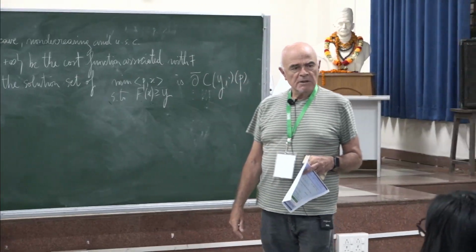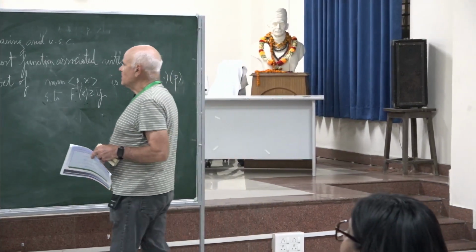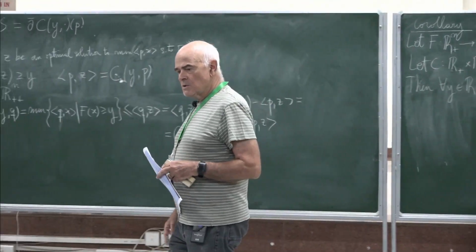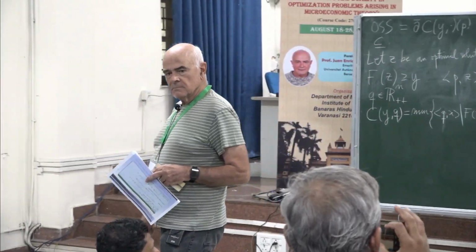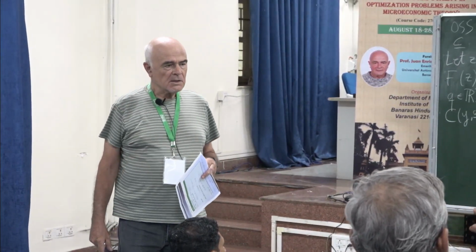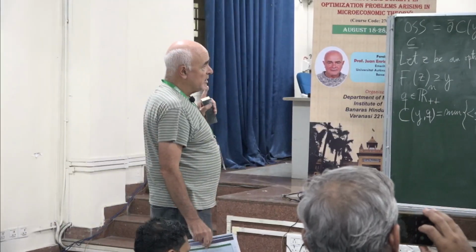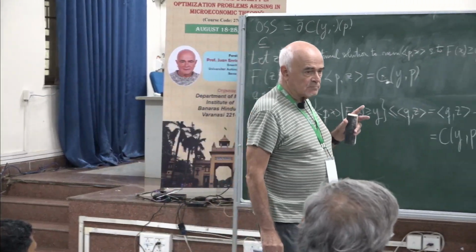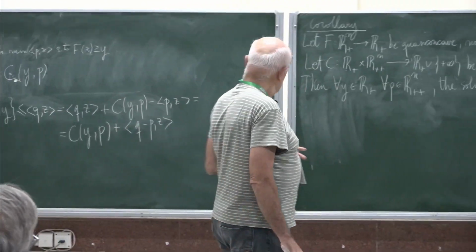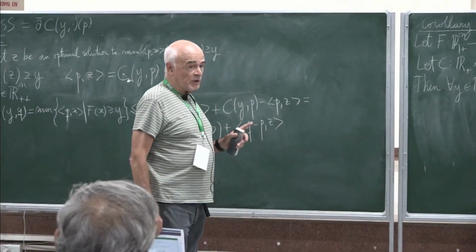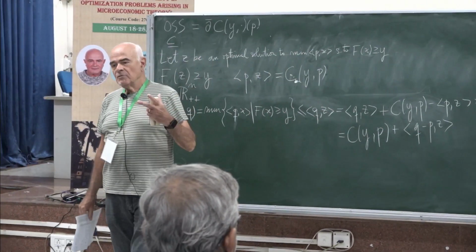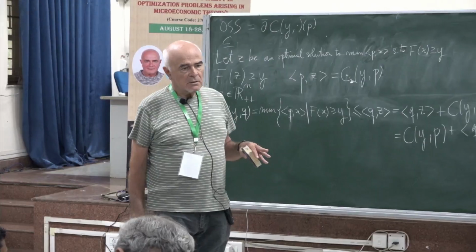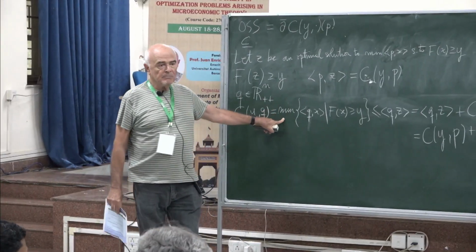Where did I use here that f is quasi-concave, non-decreasing, and upper semi-continuous? Answer: nowhere. The only assumption I used implicitly was that it is upper semi-continuous, because we decided from the very beginning that our production function will always be upper semi-continuous, because this allows us to write minimum here.